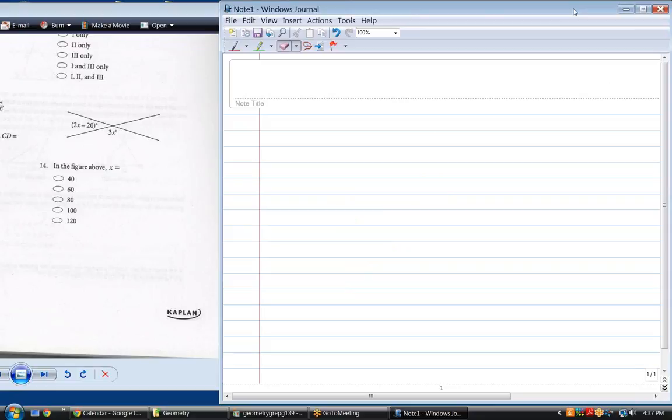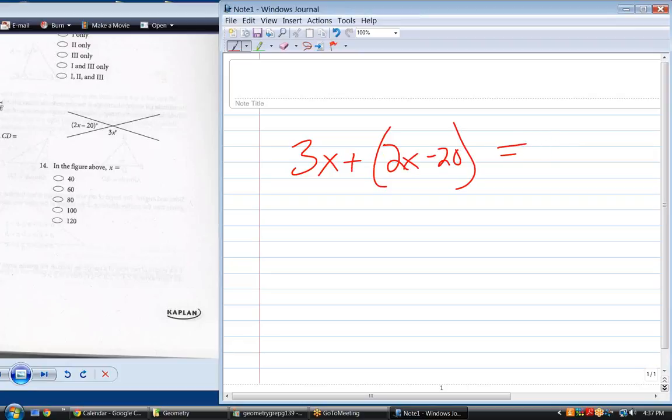All right, this is a fairly straightforward one. How do I solve this? Well, x plus 2x minus 20 has to equal 180. So you would solve for that. Okay, give me the equation I want to write. 3x plus the quantity 2x minus 20 equals 180.